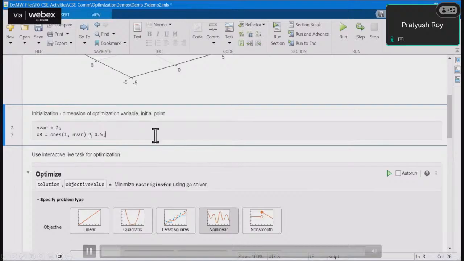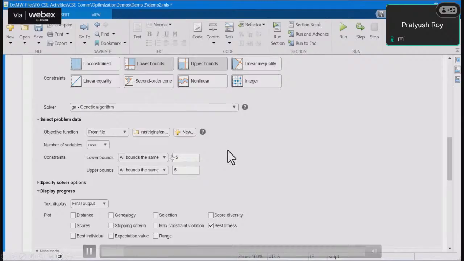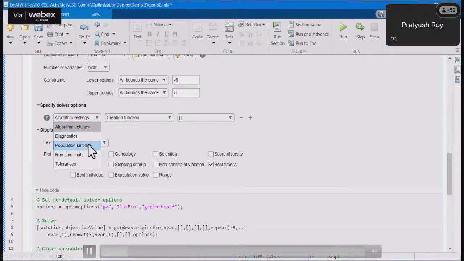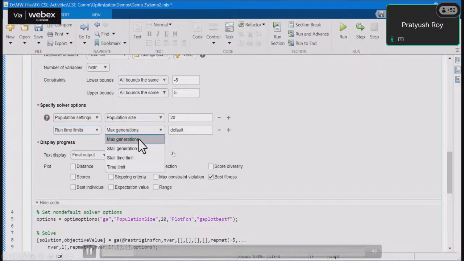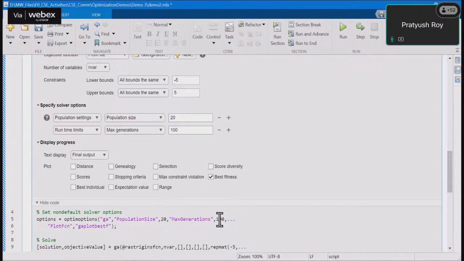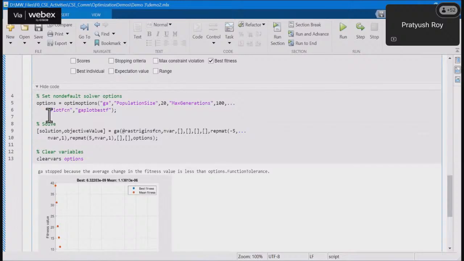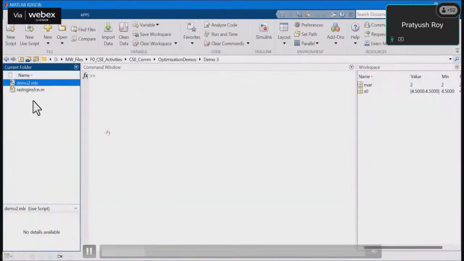I also defined the initial variables, I decided the bounds, I decided the solver options. What is the population size? Maybe 20. And I can also add other things, like for how many generations I want to run this. So this is the function that I wrote, and I have the script ready with me.